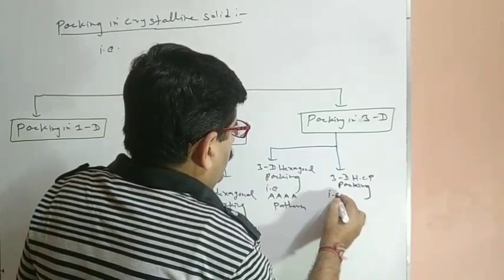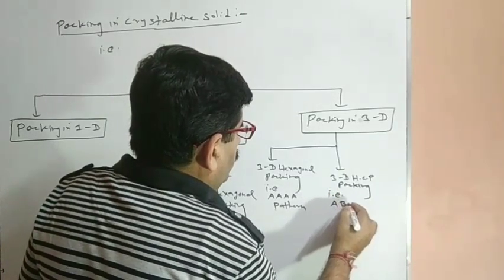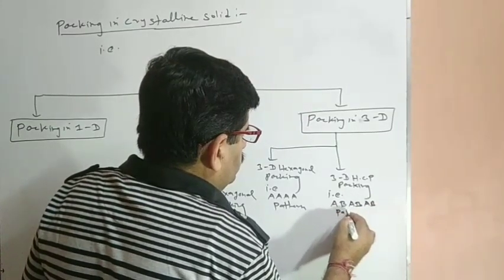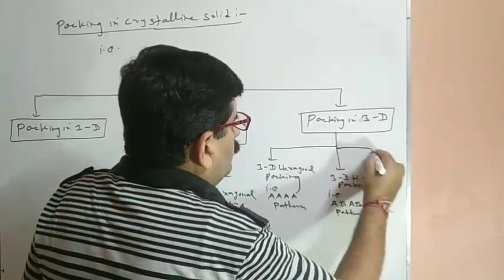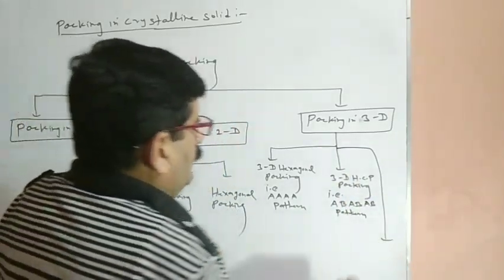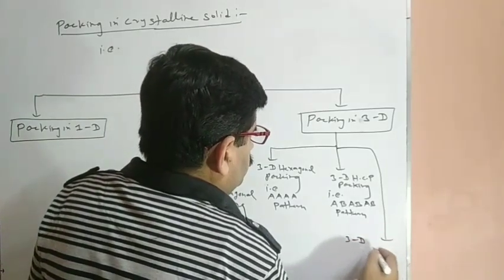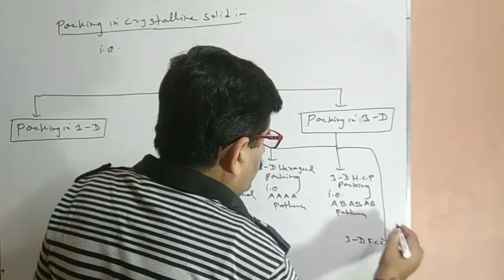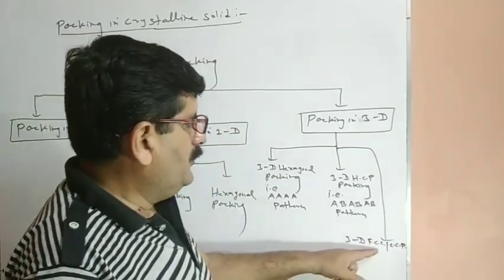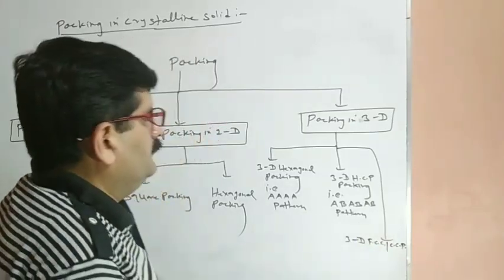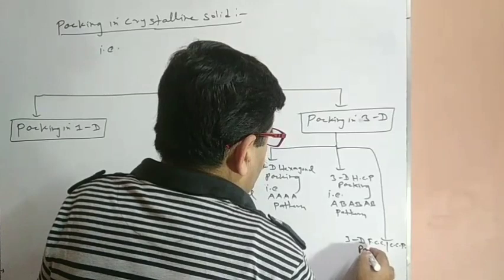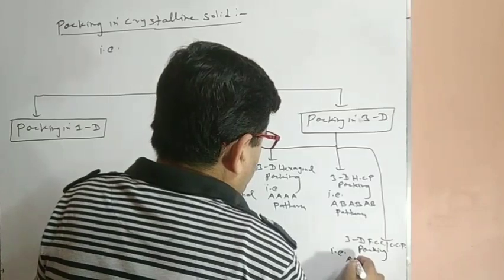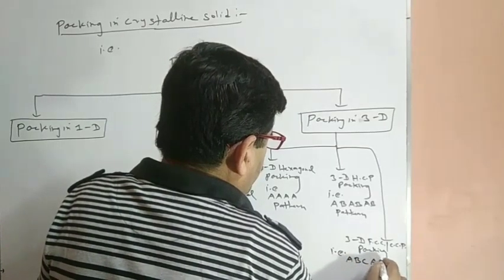That is, atoms are arranged in AB pattern. And the last one is said to be 3D FCC, or you can say CCP, face centered cubic or cubic close packing. That is, atoms are arranged in such a manner, ABC pattern.